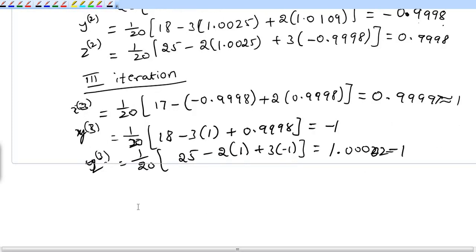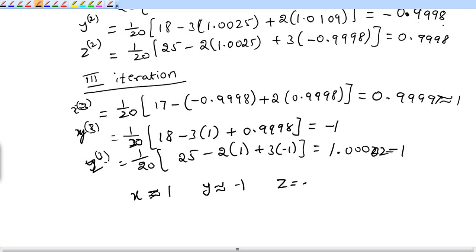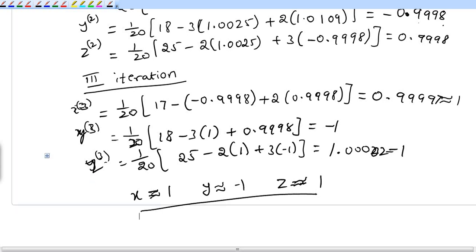Therefore we stop the process and we say that approximate value of x is 1, approximate y value is minus 1, approximate z value is 1. So this is the solution of given system of equations by using Gauss-Seidel method.